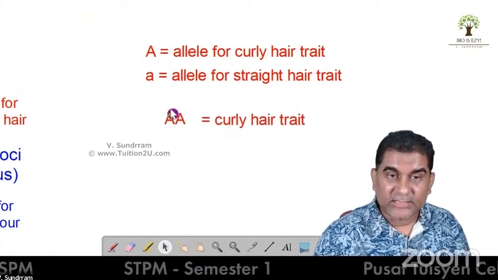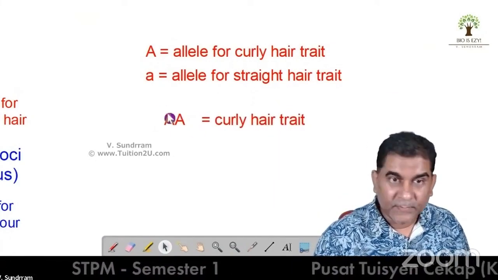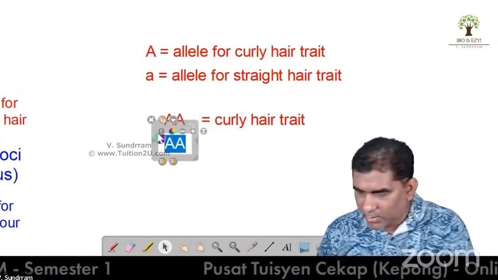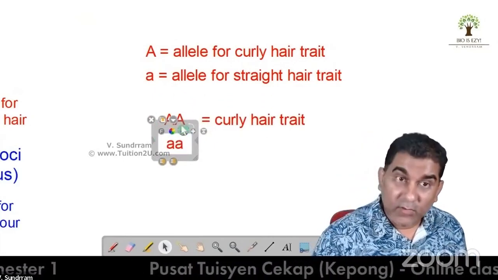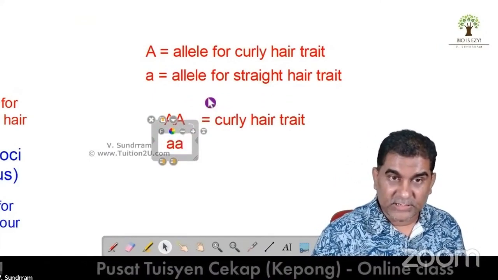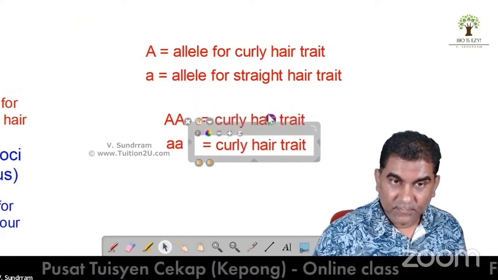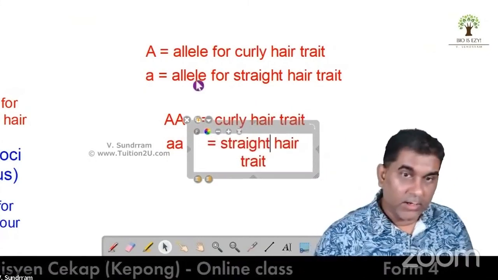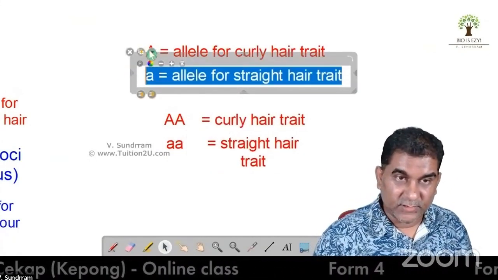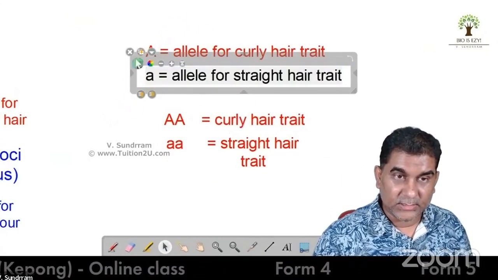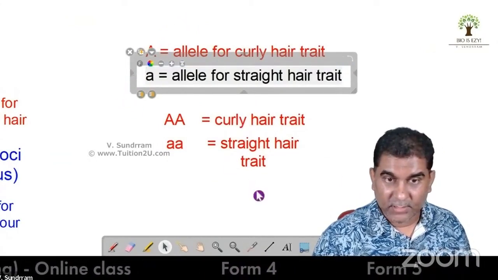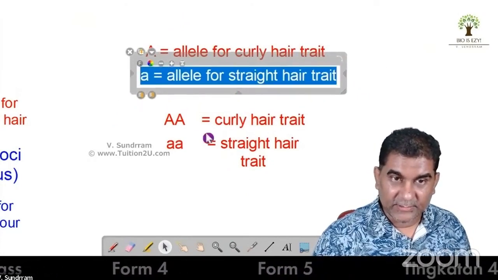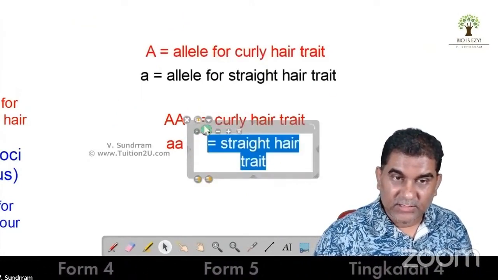Because he only has capital A, capital A. If someone is small a, small a, confirm this person has straight hair. Maybe for straight hair, I use a different color. Okay, so this one is straight hair.